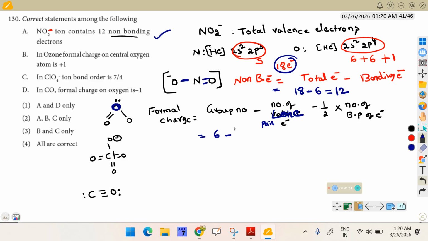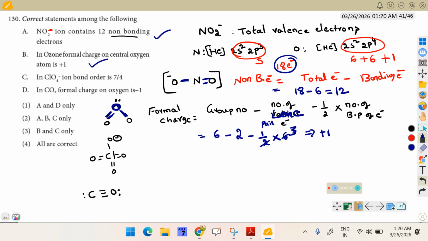On the oxygen atom, 2 lone pair of electrons are present. Minus 1 by 2 into the number of bonds. How many bonds are there around the central oxygen? 3 bonds. The number of bond pair electrons: 3 bonds contain 3 twos, which are 6 electrons. So 6 minus 5 is plus 1. This statement is also correct.